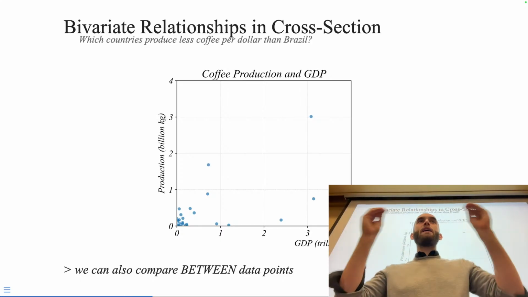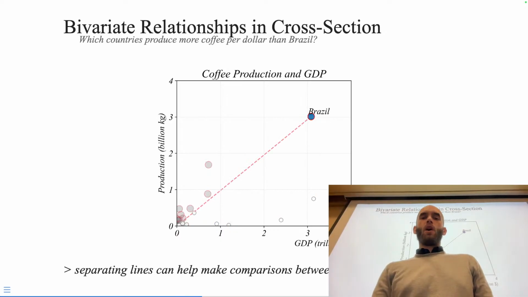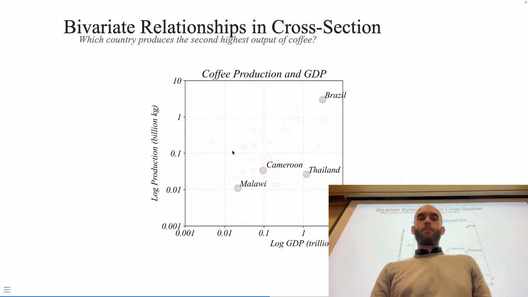So when we think about ratios, so doublings, in log scales, this becomes much easier to understand. Again, this figure should have all of the points highlighted, not just these 4. We'll see this in our exercise in a second. Can you see those little dots?